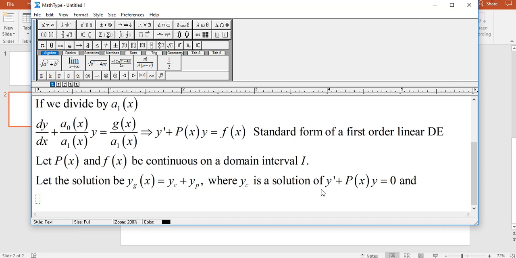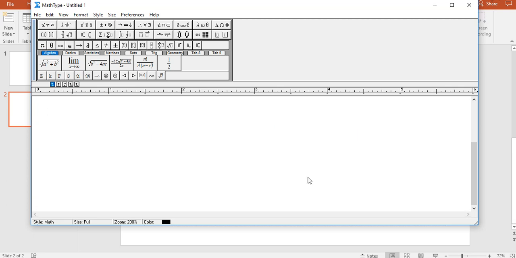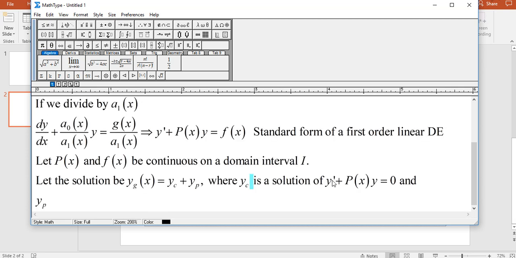And then y particular is a solution of the one where it equals f of x, okay? So it's what I call a force solution. It's the forcing term on it.